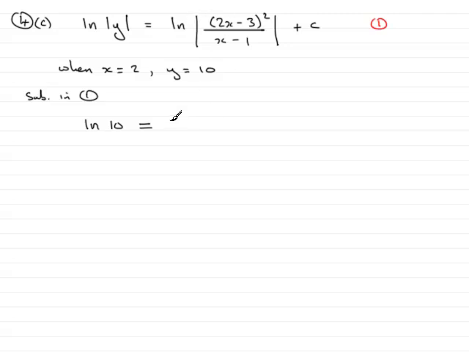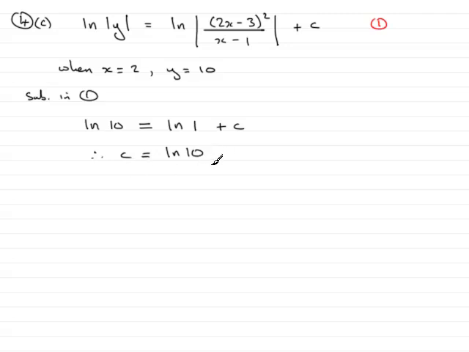Equals the natural log of, well, we've got 2 times 2, which is 4, 4 take away 3 is 1, 1 squared is 1, and that's going to be over 2 take away 1, which is 1. So this comes down to the natural log of 1, and then we have the constant c. Well, the natural log of 1, you should know, is 0. So that means that c is equal to the natural log of 10.